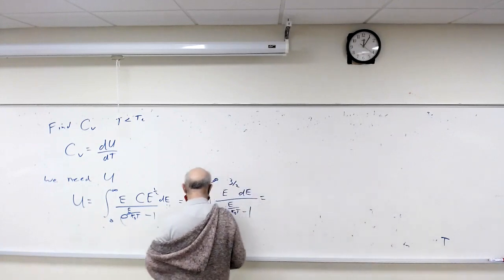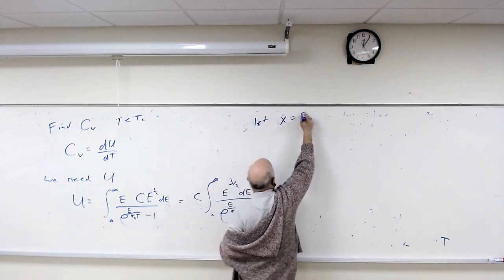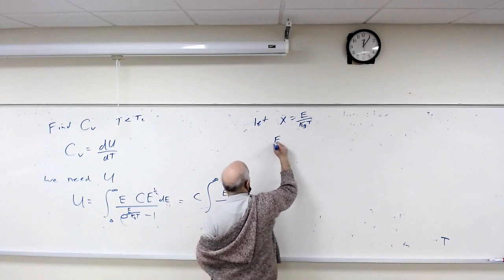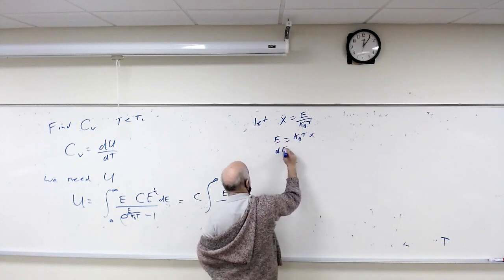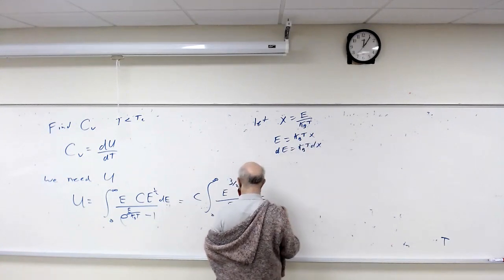So we're going to let x equal E over k_BT, or E is k_BT x, so dE is k_BT dx.